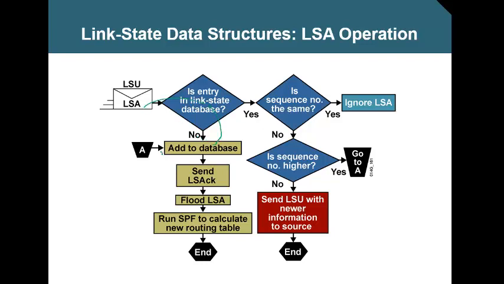Whatever comes in, I add it to my database. Send an acknowledgement. Thank you for the update. I received your update. Take care. Thank you. Bye. After that, I also flood it to all the rest of the neighbors and then calculate the best path as we saw in the previous page and put the best path in the routing table. Is this part clear for you? This part which I explained to you now, is it clear?